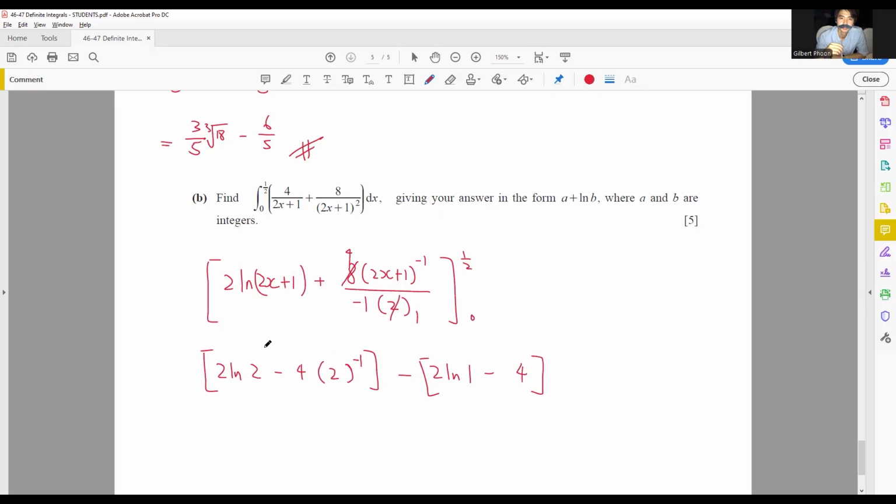Then simplify where you can here. This will become ln 4 minus ln 1, because 2 brings over up here to the power, and then minus the simplification of this, you will get 2. This is plus 4. Your final answer would have been ln 4 plus 2. Final answer here.